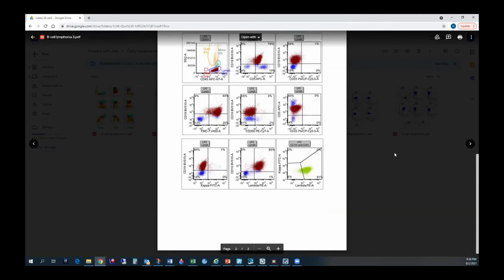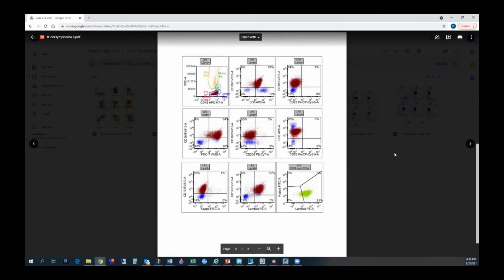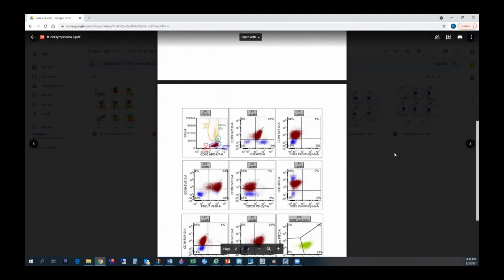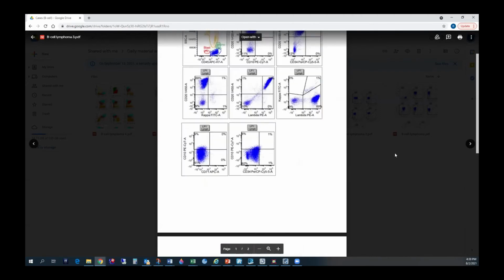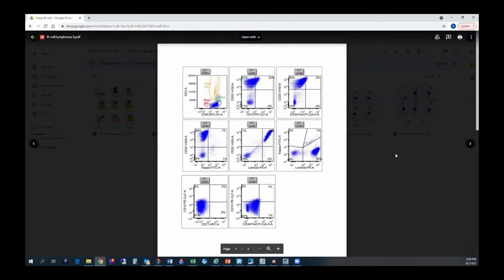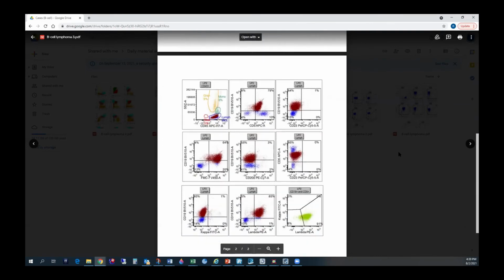So basically a monoclonal population of CD19 positive, CD20 positive, lambda restricted, CD5 positive, FMC7 positive with bright CD20. So we'll call it a CD5 positive lymphoma. This is more suiting the picture of mantle, though as you discussed earlier, we won't call it mantle as such, but it's typical: CD5 positive, FMC7 negative and bright CD20.